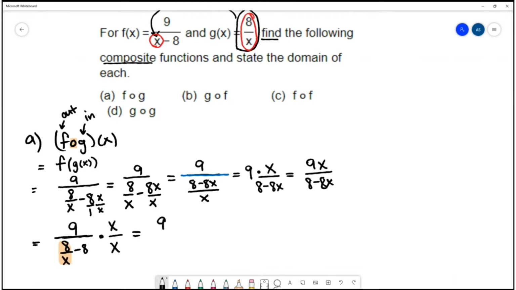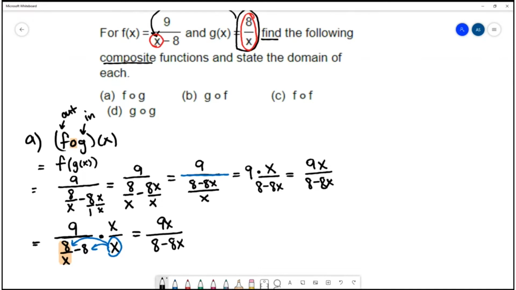That would give 9x in the numerator. And in the denominator, we would distribute this x to both terms. When we distribute to the first term, the x's cancel and we get 8. And when we distribute to the second term, we get minus 8x. We get the same expression with these two different methods of simplifying.